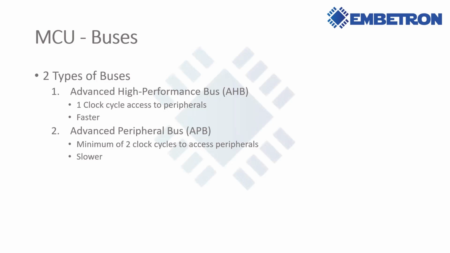It is a high performance bus, and it is faster as it takes only one clock cycle to access peripherals, as compared to the advanced peripheral bus, which takes a minimum of 2 clock cycles to access peripherals, and which is slower as compared to the advanced high performance bus.